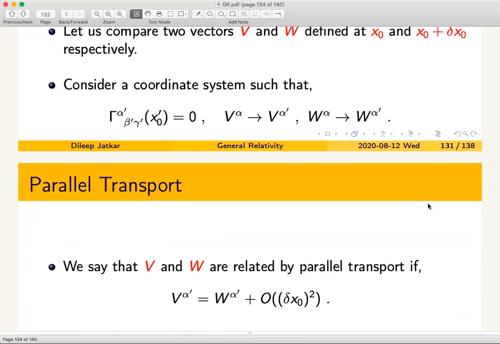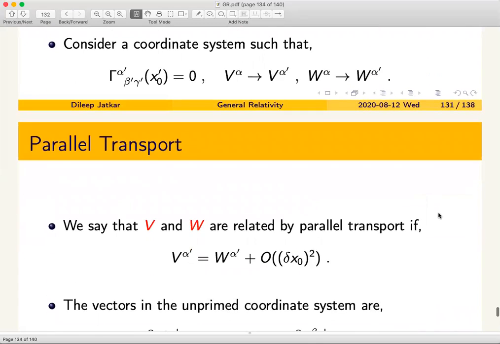Fine. Now the statement of parallel transport is the following: we say that two vectors v and w are related by parallel transport, or are parallel vectors, if in a particular coordinate system, in this case I have chosen the primed coordinate system, v alpha prime is equal to w alpha prime up to a correction which is order delta x naught squared.